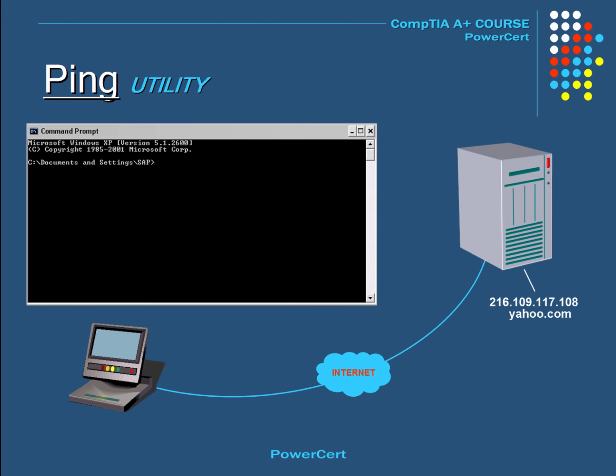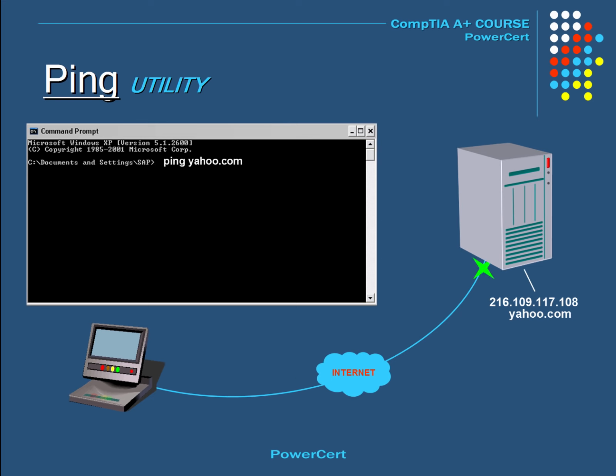The ping command can also be used to test DNS name resolution issues. For example, before we used the ping command with an IP address, but we could also use it with a domain name. We could type ping, space, then the domain name yahoo.com.